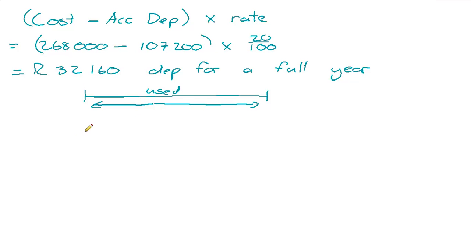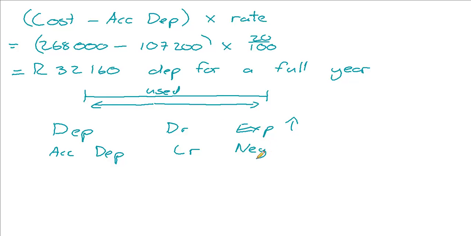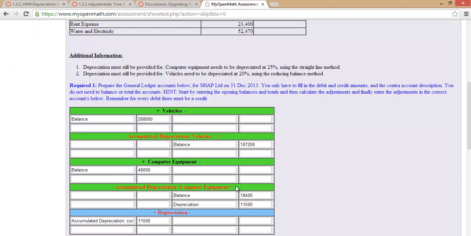My journal entry again quickly. Depreciation is going to be debited. Accumulated depreciation is going to be credited. Again, for the same reason that depreciation is an expense that increased, and accumulated depreciation is a negative asset that increased. Good. So let's fill that in.